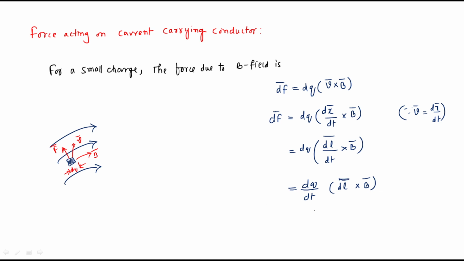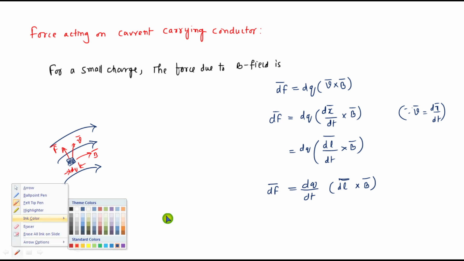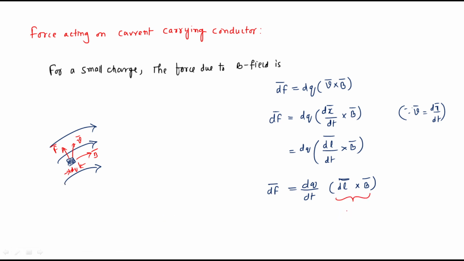So df equals dq by dt into dl cross B, and dq by dt is nothing but current.